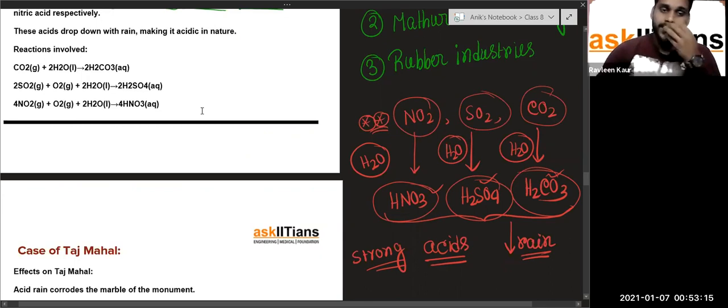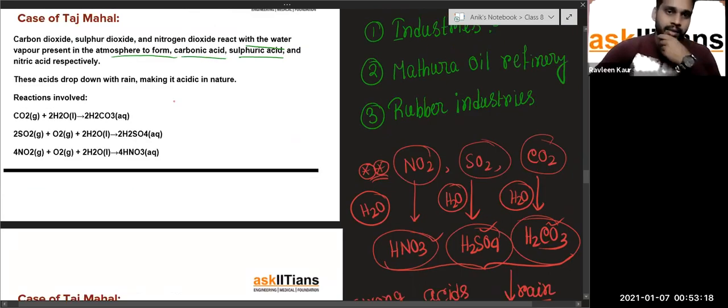Now just go through the reactions written over here. Carbon dioxide and water make H2CO3, this is the formula of carbonic acid. You need to remember these names, okay? You are a good student and you have to remember it.